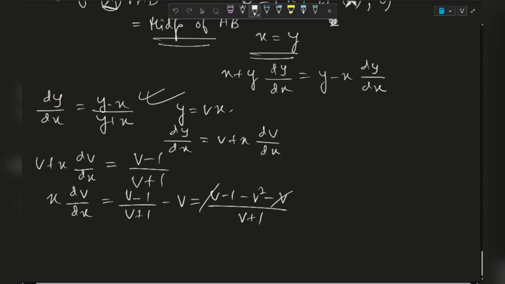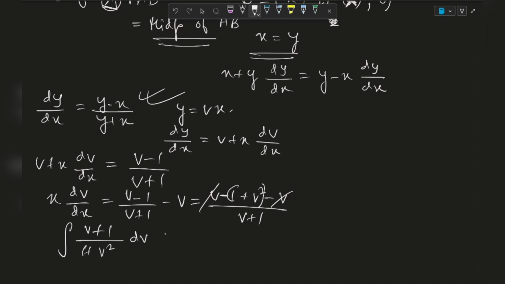Now I'm taking minus common in this step: minus of 1 plus v squared by v plus 1. You can bring this to this side, so this will become integral of v plus 1 by 1 plus v squared dv equal to integral of minus dx by x.